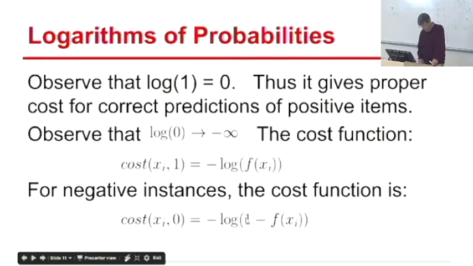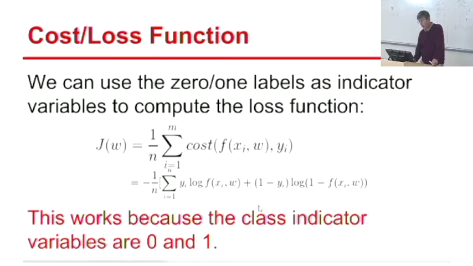Since this is a negative number and this is a negative number, by multiplying the outside by a negative number, we're making it positive. So what do we want to do? We want to find the parameters w that will minimize this function. Does everybody see that? Okay.